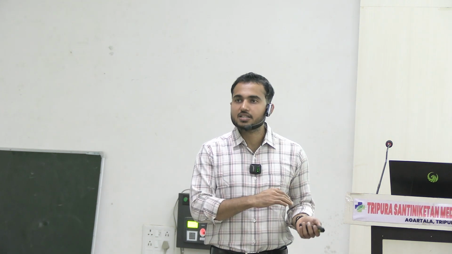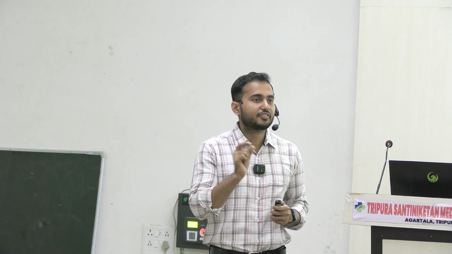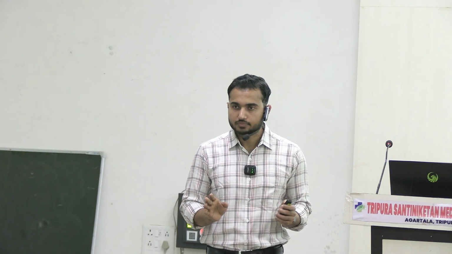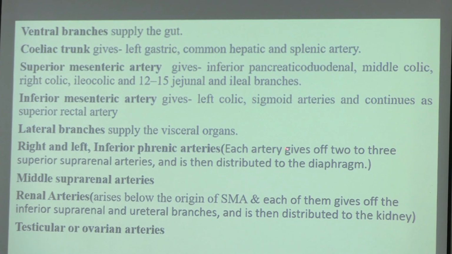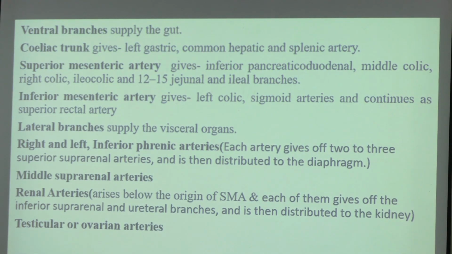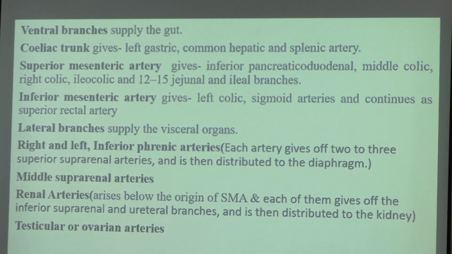Here, phrenic arteries supply the diaphragm. So, right and left inferior phrenic artery. These arteries give off 2 to 3 suprarenal arteries also, which supply the suprarenal gland, and then they supply the respiratory diaphragm.